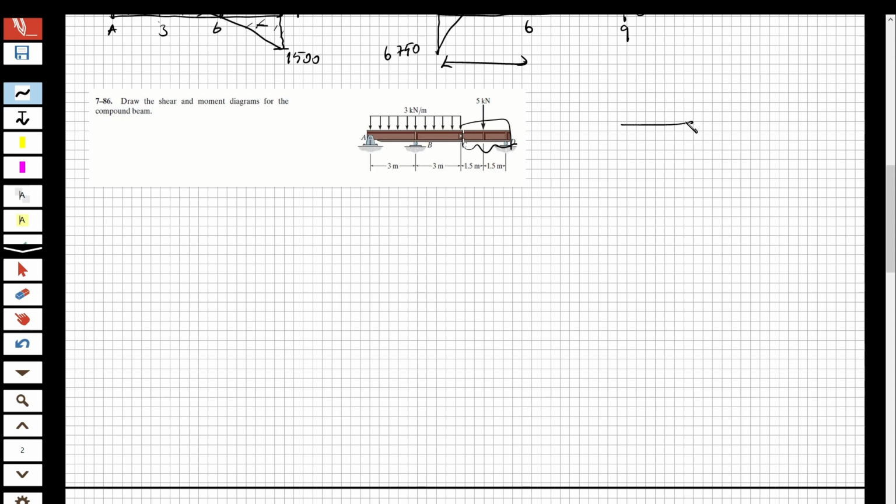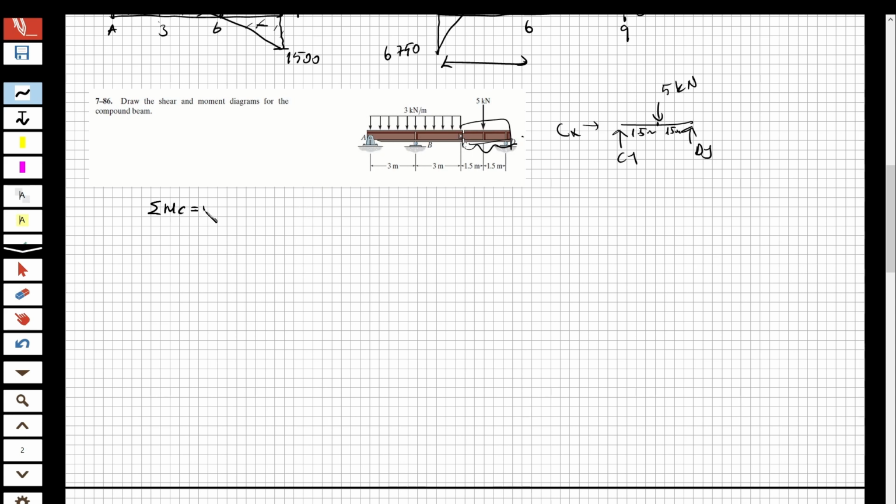For this one, the free body diagram is going to be something like that. This is pin connection. Okay, so I have a Cy, I have a Cx, and I have a Dy. I have a 5 kilonewton at the midpoint of this section. So 1.5 meter, 1.5 meter. So let's write the moment equation.